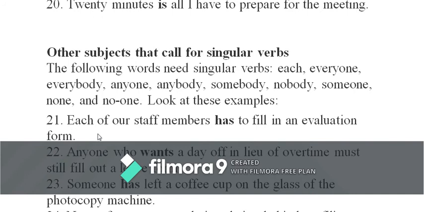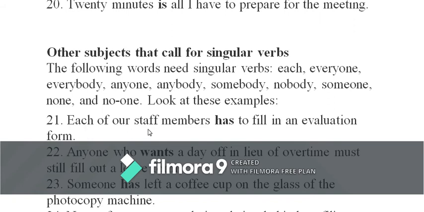Now let us look at the examples that we have. Each of our staff members. Now according to the context, it means the staff is a group and we are talking about every individual.